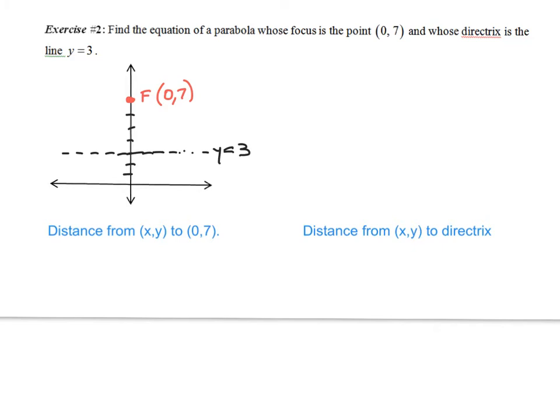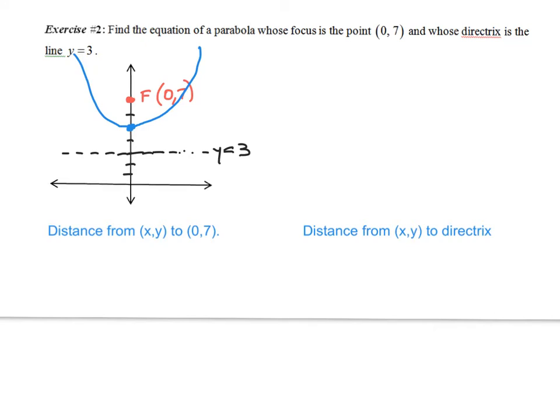So when I draw this parabola, the first point that I'm always going to put is the vertex, and that's going to be halfway between the focus and the directrix. And then I'm just going to sketch a parabola that includes that focus on the inside. That's kind of a messy one, but that's what it would kind of look like.